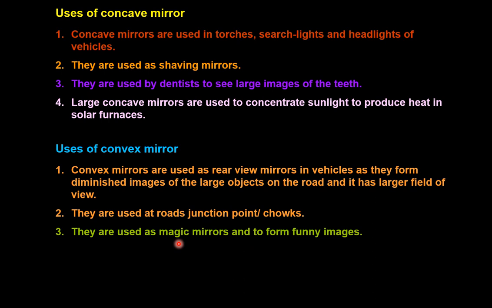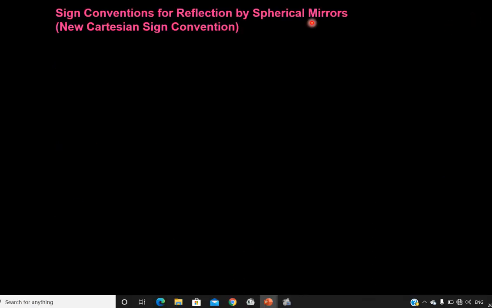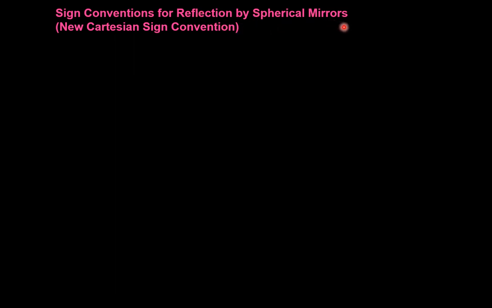Next is the sign convention for reflection by spherical mirrors. We call it the new Cartesian sign convention. There are certain sign conventions deciding which parameter we treat as positive and which as negative.